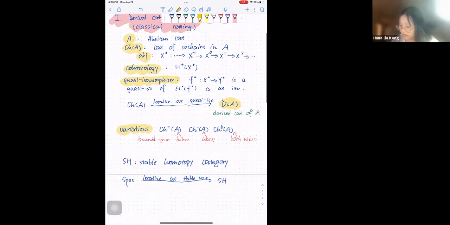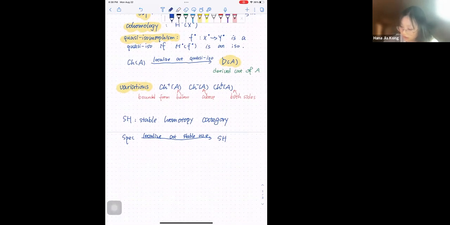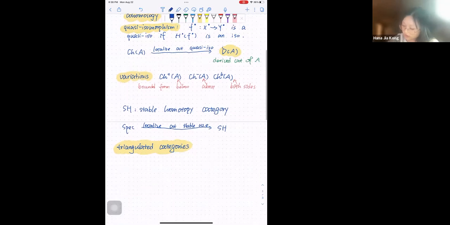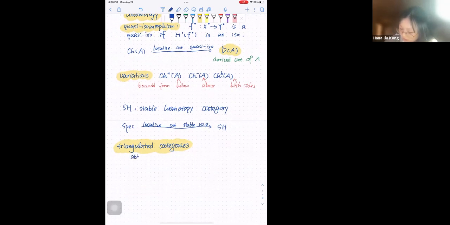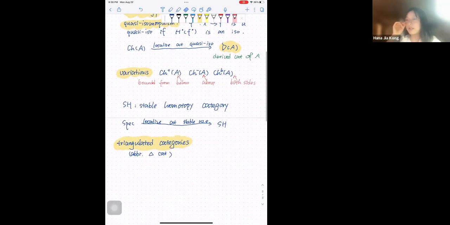The next topic is triangulated categories. What is a triangulated category, and why is it useful? In this talk, I will abbreviate it as triangulated category or "triangle cat," which is easier to write down.